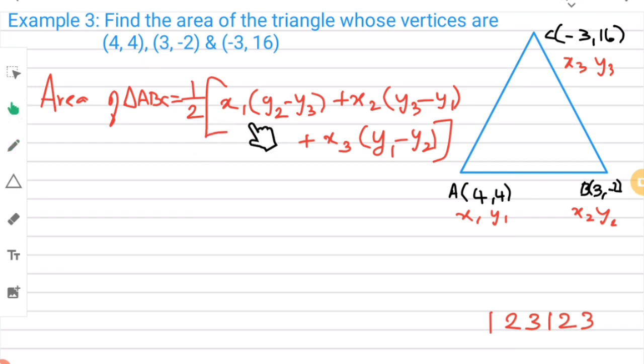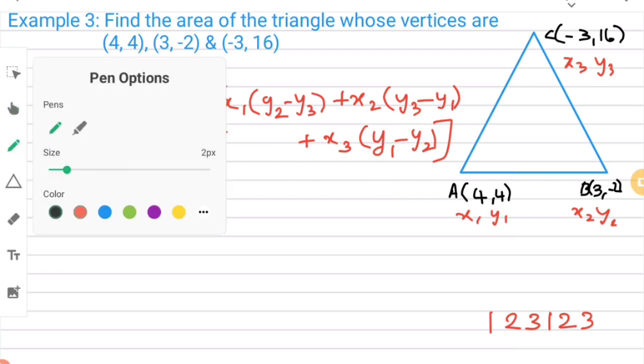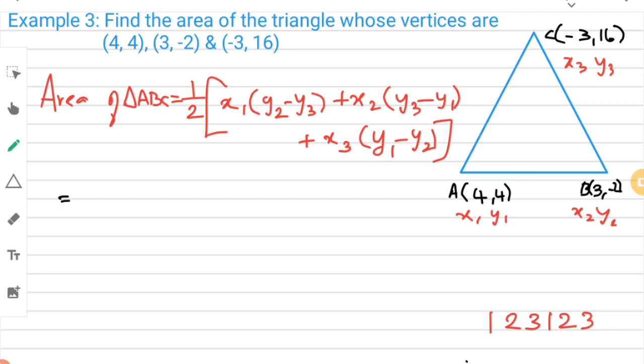Now I'm going to replace all x1, x2, x3, y1, y2, y3 values over here. So I will get 1 by 2 into x1 is what? 4 of y2 is what? Minus 2 minus of 16, right?